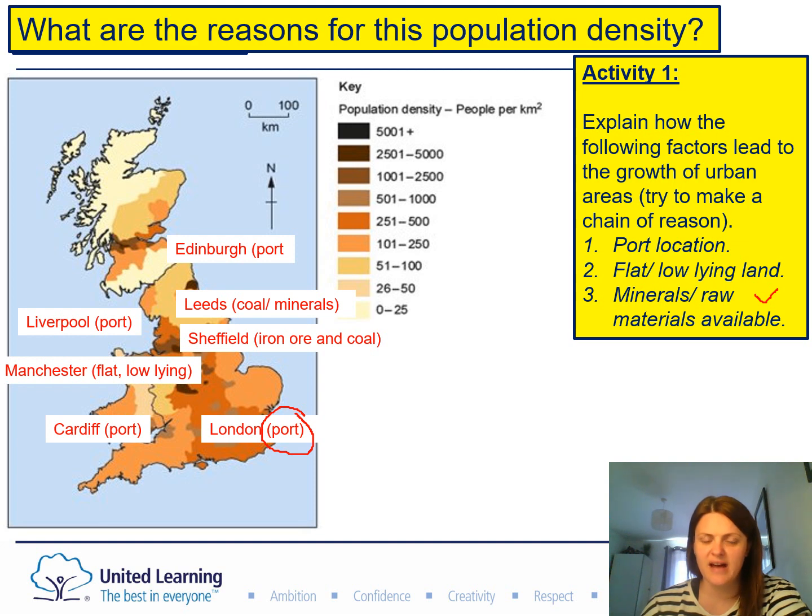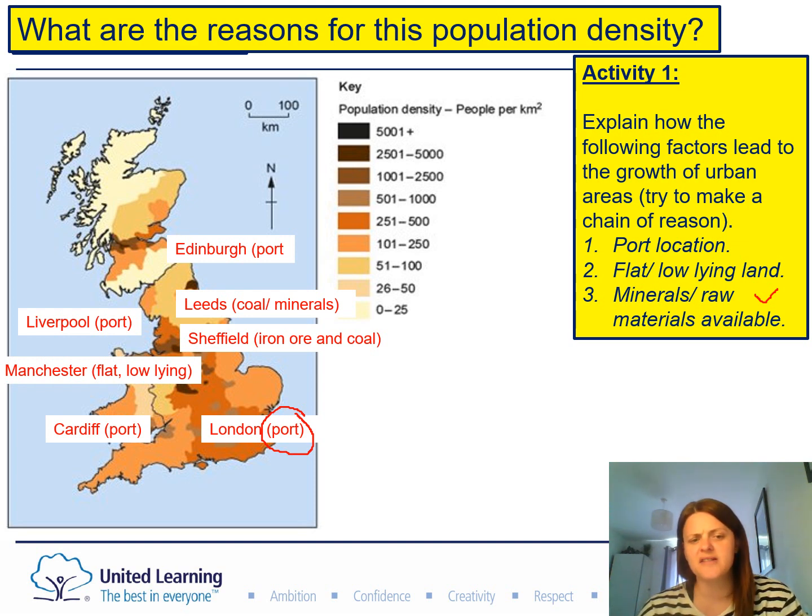Now, ports are areas for ships to come in and dock, basically park, and then that's where they offload all of their resources and their cargo to then sell across the country. But we can also use it to put our resources onto those boats and ship them off around the world to sell. So having a port is really handy to make money. There's a hint for you.